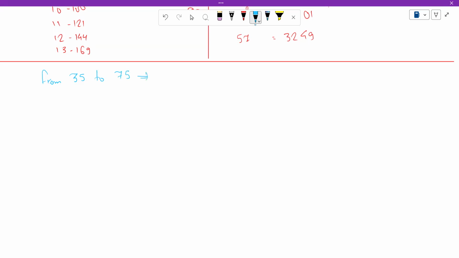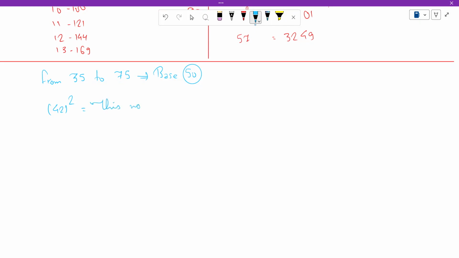Here, my base will be 50. Why I'm writing my base as 50, you will understand. Now, if I tell you to find the square of, for example, 42, what we'll do now is see how much less than 50 this number is.